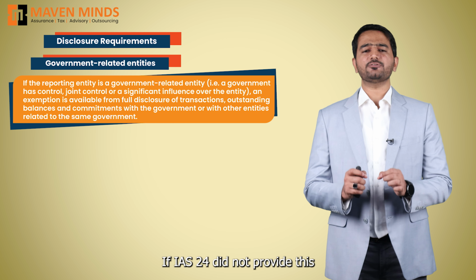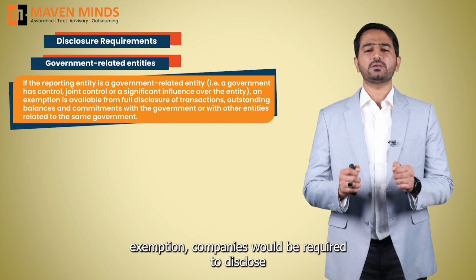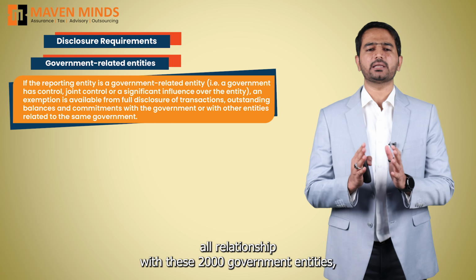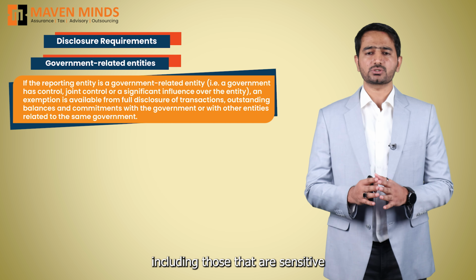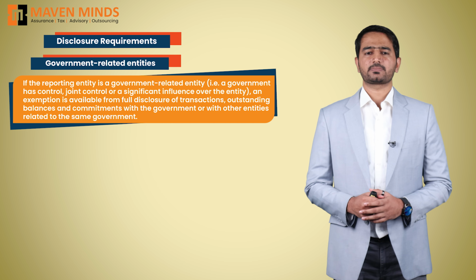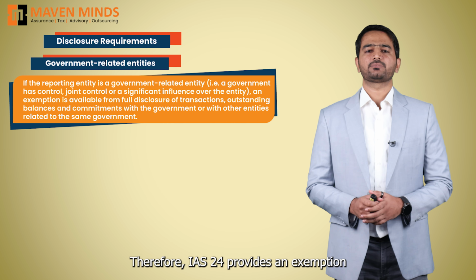If IAS 24 did not provide this exemption, companies would be required to disclose all relationships with these 2000 government entities, including those that are sensitive and cannot be publicly disclosed. This requirement would not be practical in real life.